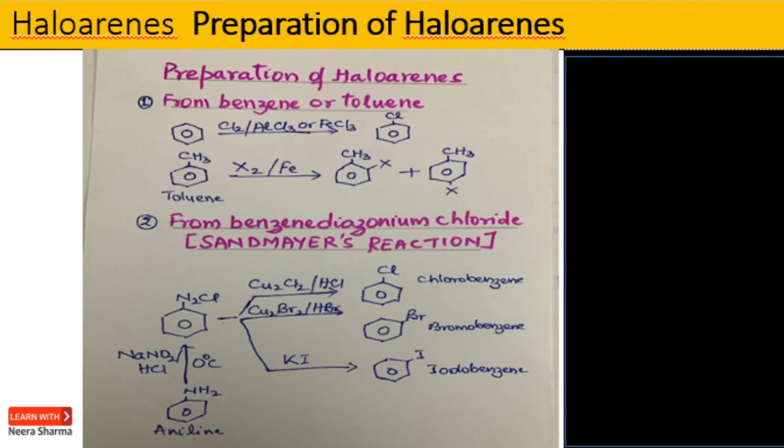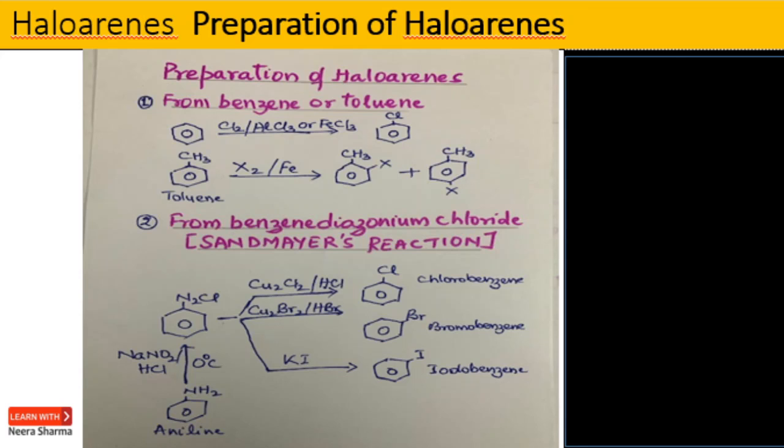One is from benzene. So directly you would have done it last year. If I treat benzene with chlorine in presence of a Lewis acid like AlCl3 or FeCl3, I will get chlorobenzene. Similarly, if I take toluene, C6H5CH3, and treat it with halogen in presence of Fe or AlCl3 or FeCl3, I will get the product.